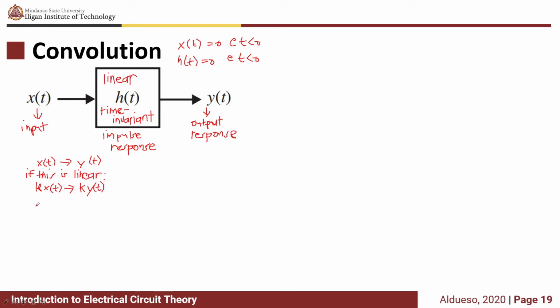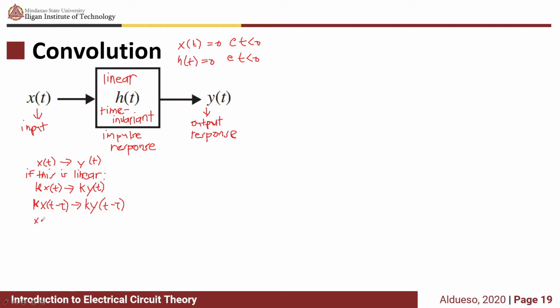Then suppose there is a time shift of the input function, x of t minus tau. This also causes a time shift of the output response, y of t minus tau.